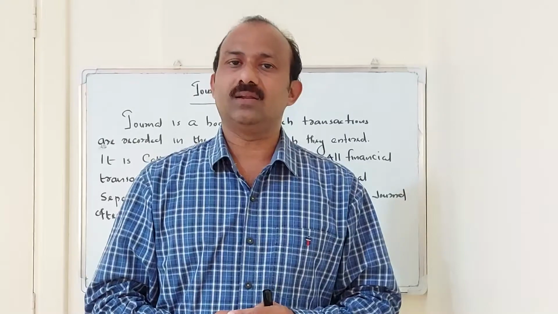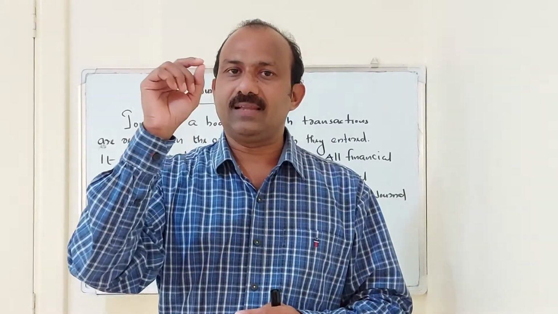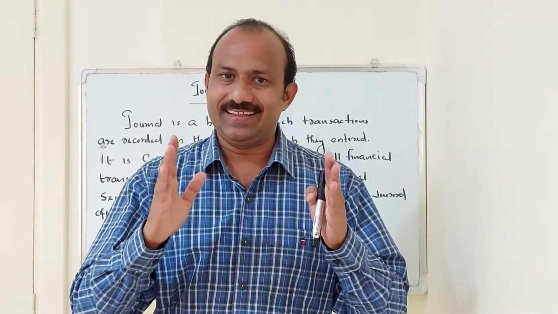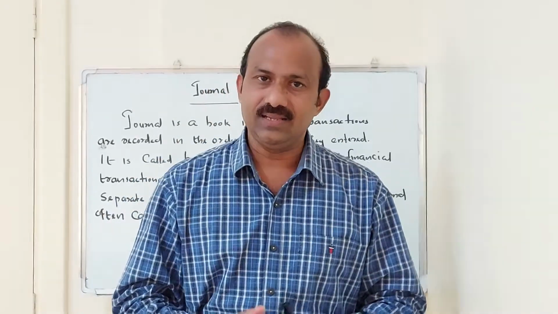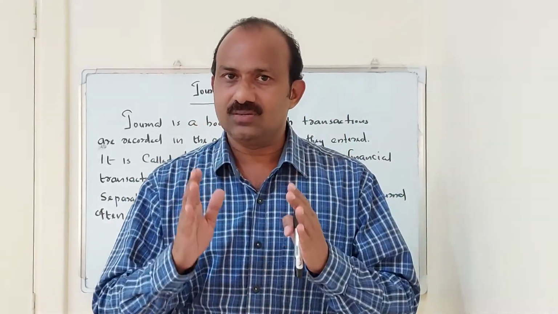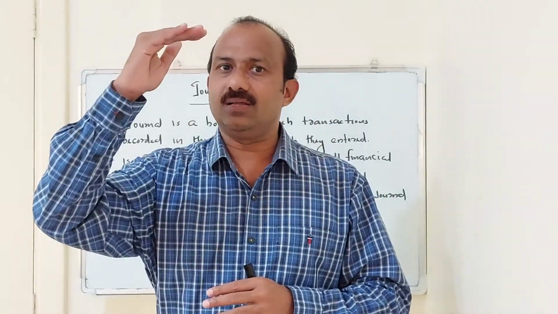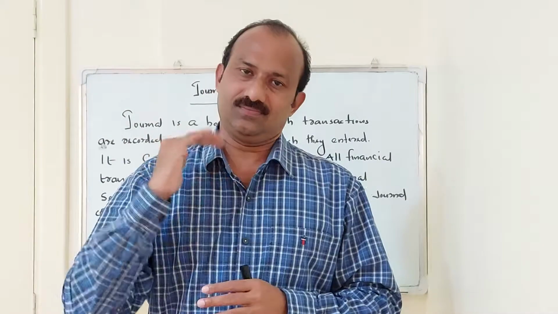The word journal is derived from a Latin word jor. Jor means a day. Simply we can say journal is a book in which transactions are recorded in the order in which they occur.